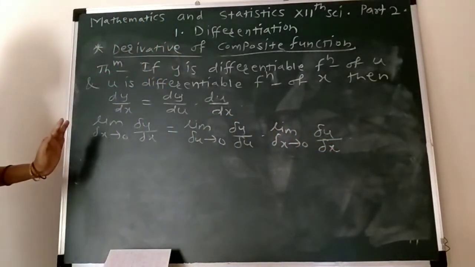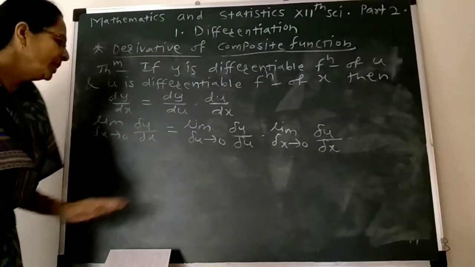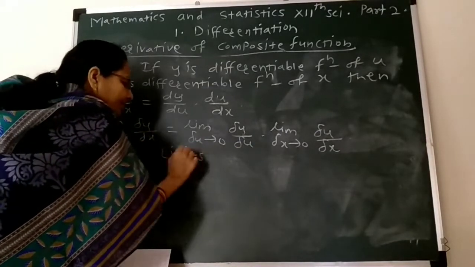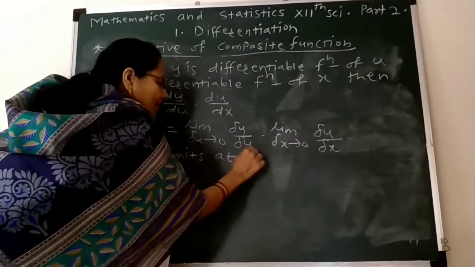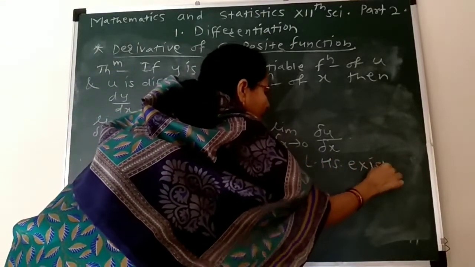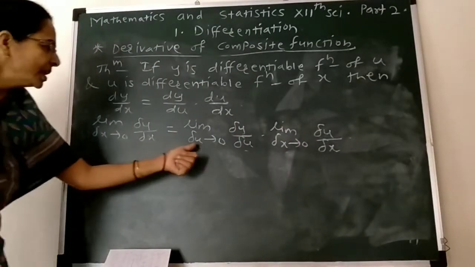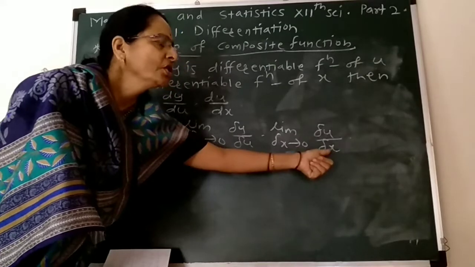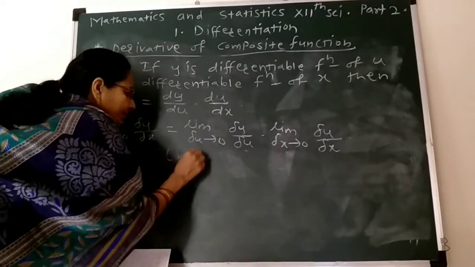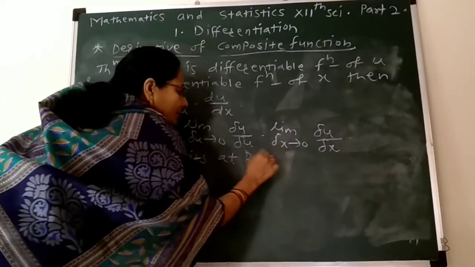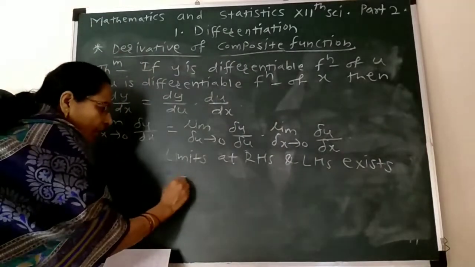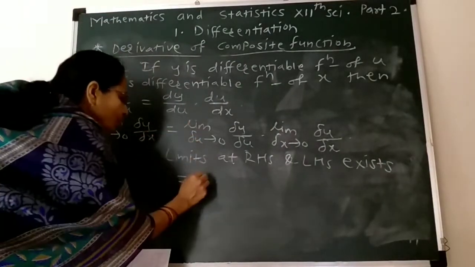So limits at LHS and RHS exist. Values of which are, value of this is dy by du.